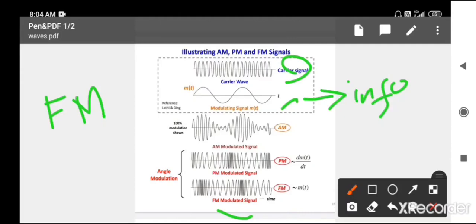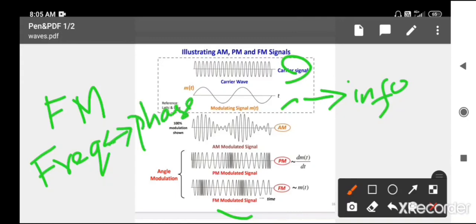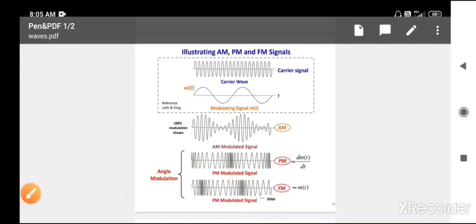Usually the frequency and the phase are dependent on each other. When the frequency of the carrier wave is changed, the phase also is changed because they are dependent on each other. And here we can observe the waveform of FM.